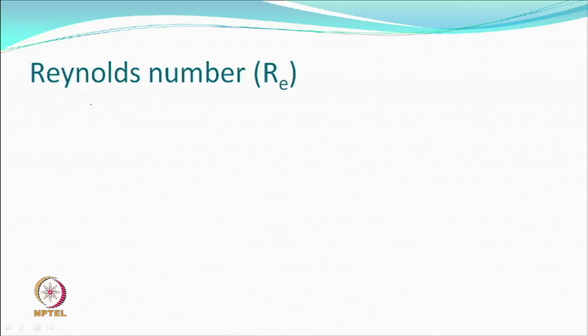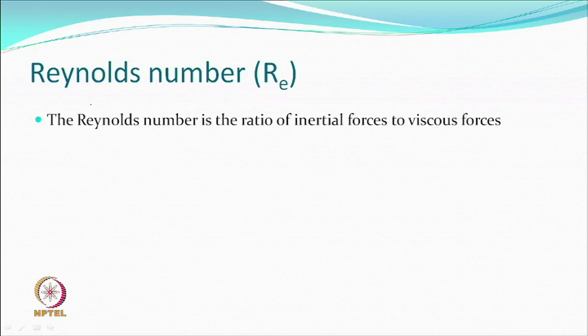The other is the Reynolds number, which is something again to do with the velocity. So, this is inertial forces versus viscous forces. So, it is a ratio approximately of the inertial forces and viscous forces. It is also a dimensionless quantity.